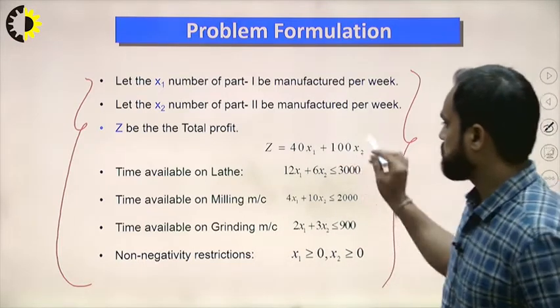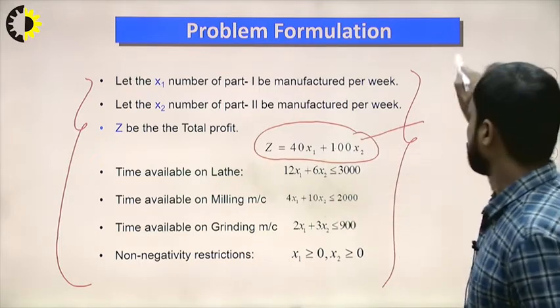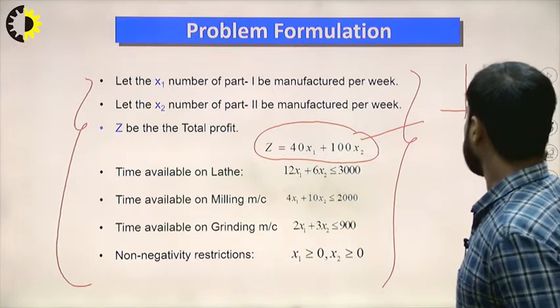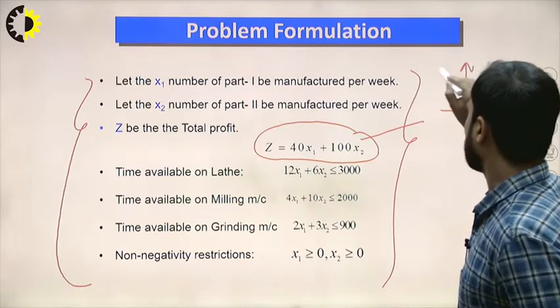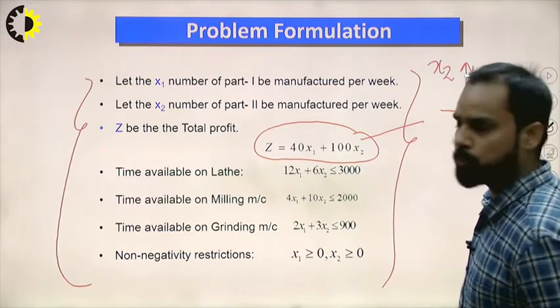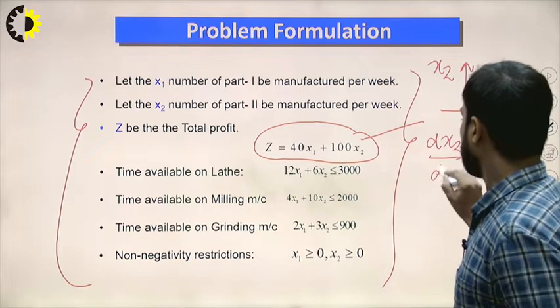I just check the slope of this objective function. What is the slope of the objective function? If you are plotting x1 on the abscissa and x2 on the ordinate, the slope of this line is dx2 over dx1.